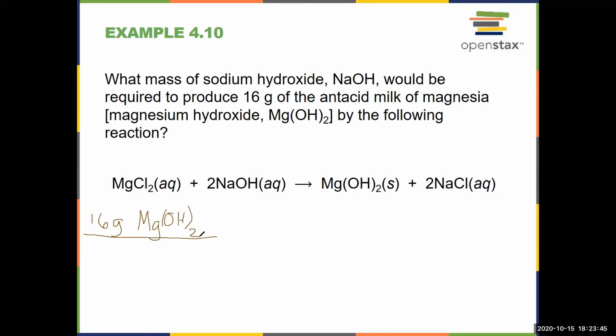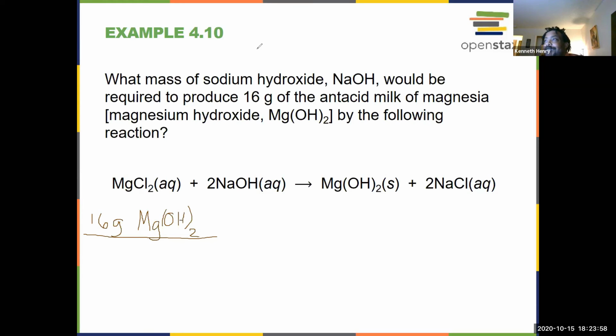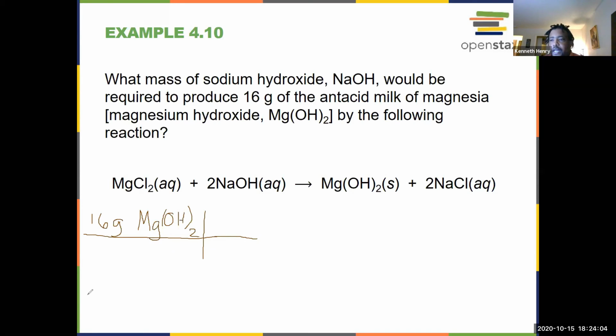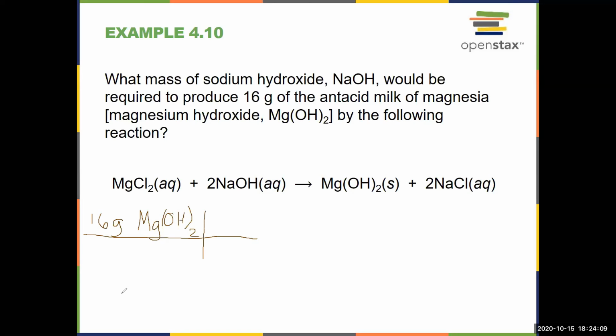The molecular weight of MgOH2. And how do I calculate that? Do you divide the grams by the molecular weight? Okay, so how do I calculate the molecular weight? Add the weights of Mg and OH.